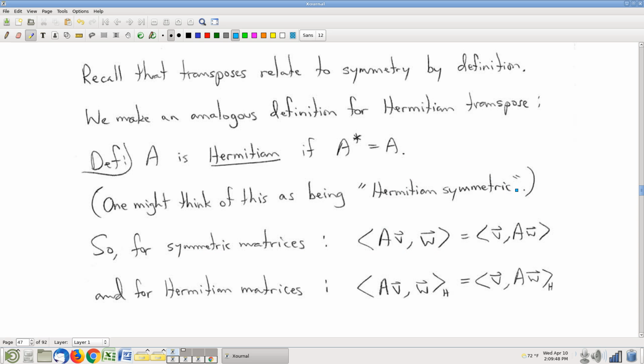Analogously, if you have a Hermitian dot product with a matrix factor that you want to move over, well, you have to Hermitian transpose it, but if it is Hermitian symmetric to begin with, Hermitian transposing doesn't do anything, namely you don't have to do anything. So this is going to end up being one of the big powerful features of Hermitian matrices. You can just move them from one side of a Hermitian dot product to the other, and nothing happens. It's very weird.